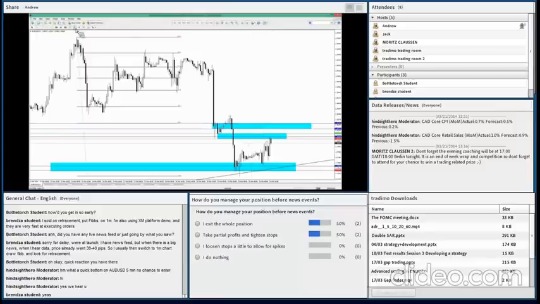Now if we draw some fibs from this intraday swing down, what we have is a 61.8 retracement, okay, lining up with this area. So between the 61.8 and 70.7 is an 8-pip zone where we could look for selling opportunities, okay?